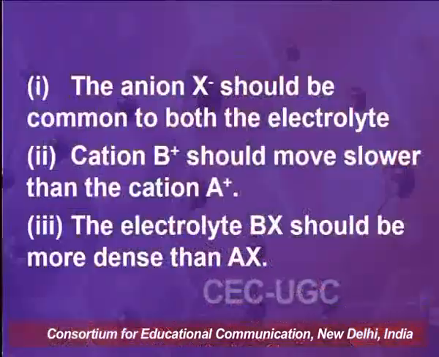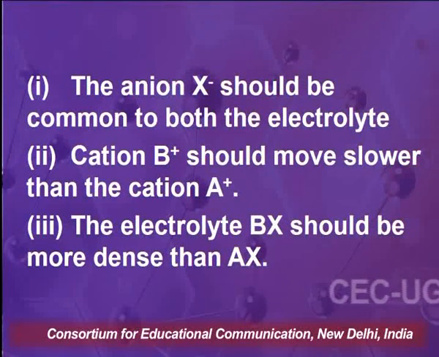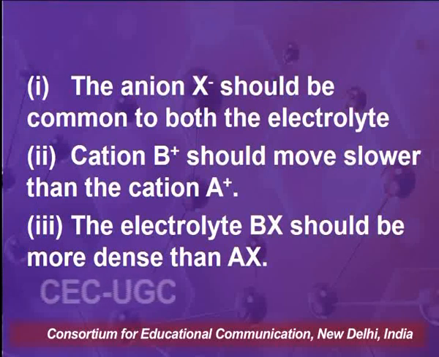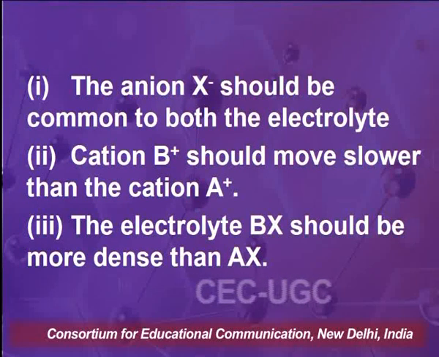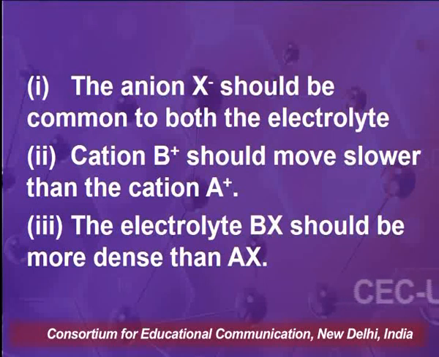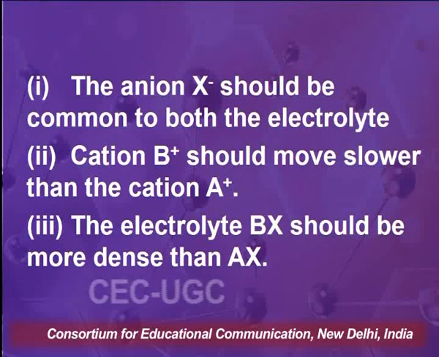A layer of this electrolyte is generally introduced above the solution of another suitable electrolyte called the indicator electrolyte, and it is subjected to three conditions, namely, first, the anion X minus should be common to both the electrolytes. Second, the cation B plus should move slower than cation A plus. Third, the electrolyte BX should be more dense than AX.